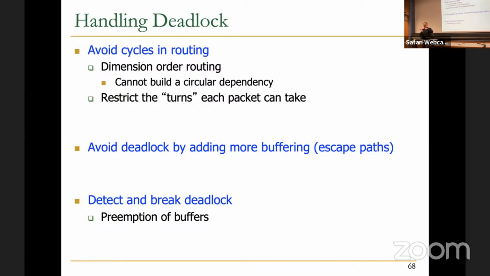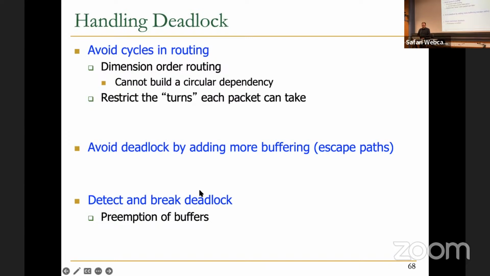So that means this buffer does not go to the same channel. Essentially, you have two networks. These are virtual channels, not virtual buffers, because you are adding channels, but they are not physical, they are virtual. And those can avoid deadlocks as much as possible.